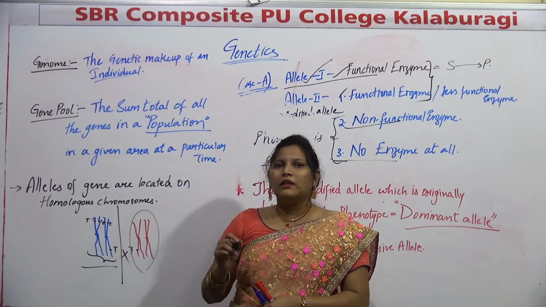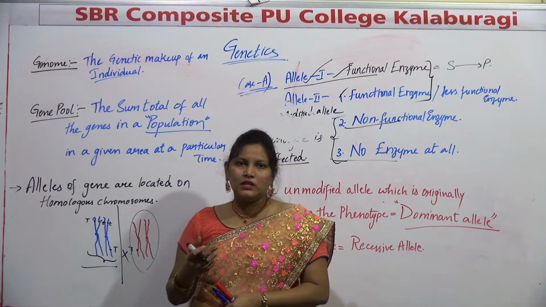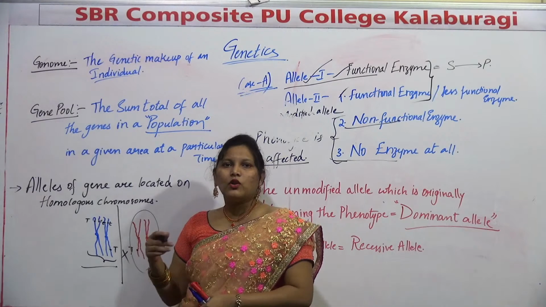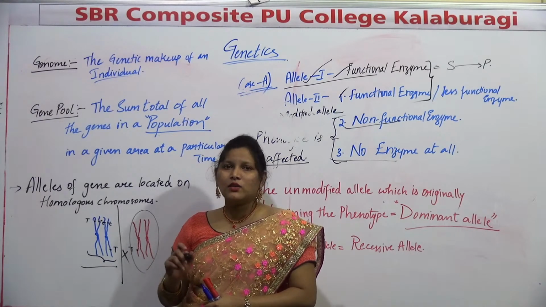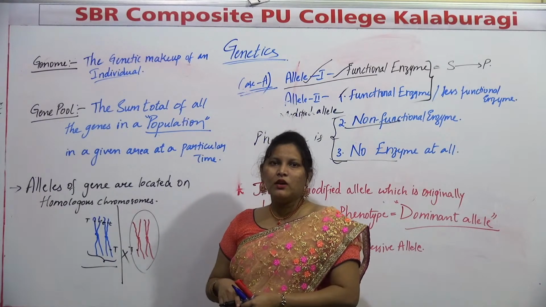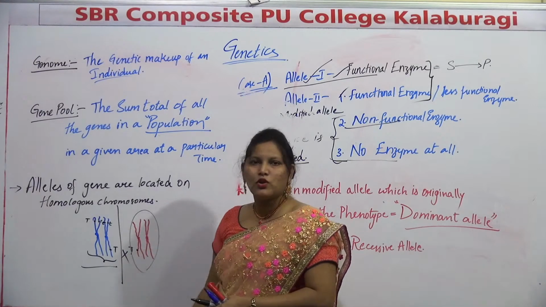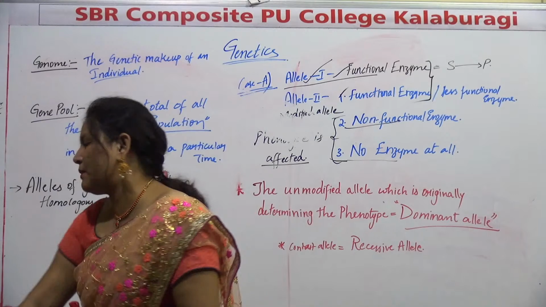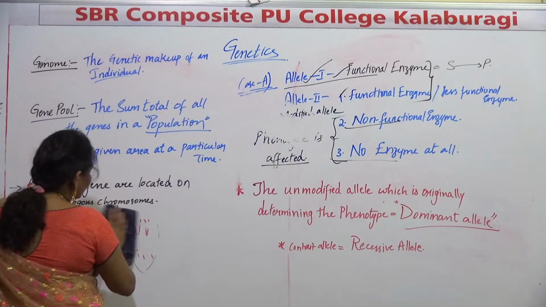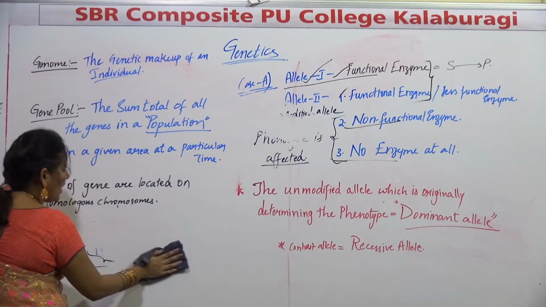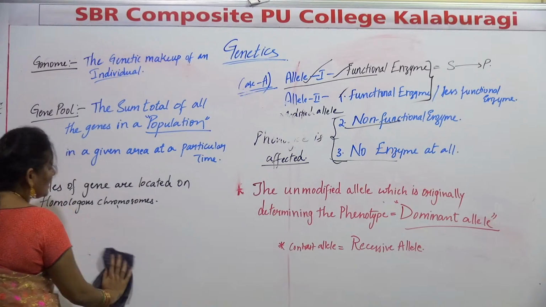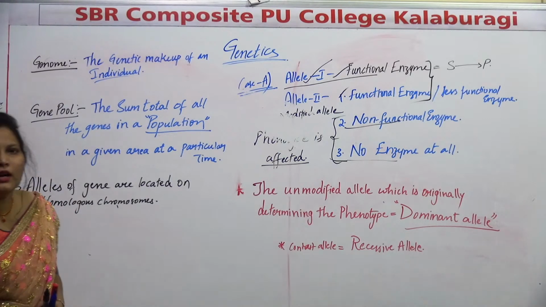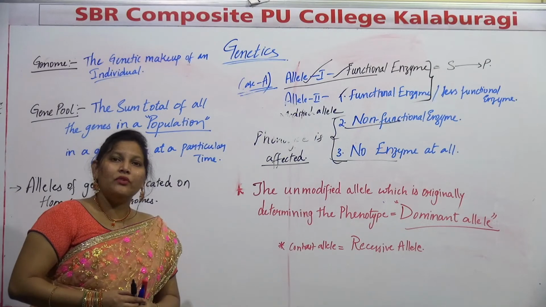And the reason for variations is crossing over, and that crossing over will always occur between non-sister chromatids of homologous chromosomes. What is genetics? Genetics is a branch of biology which deals with inheritance and variations.